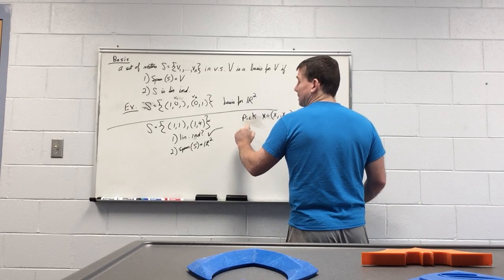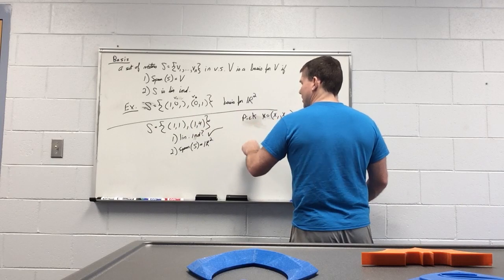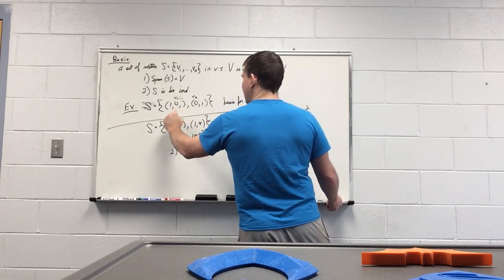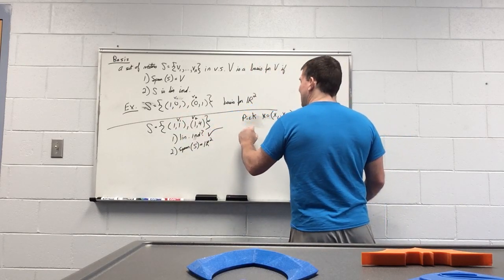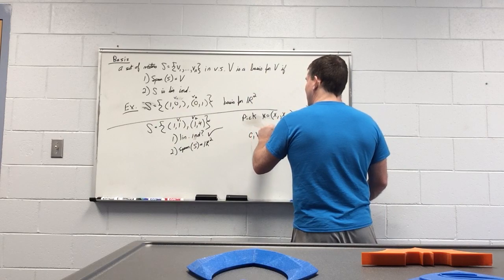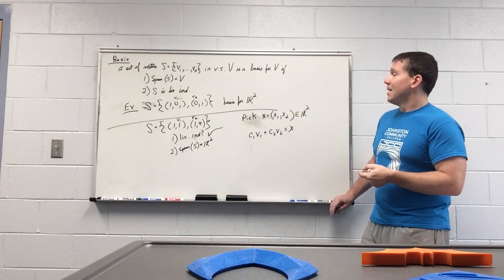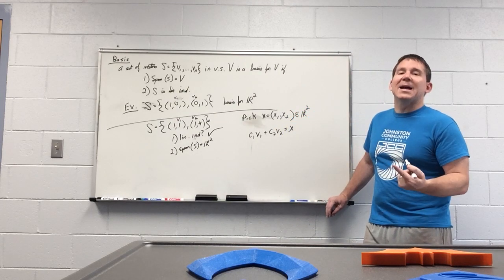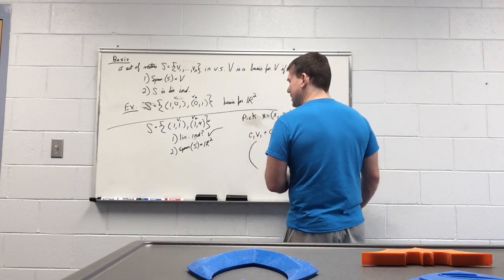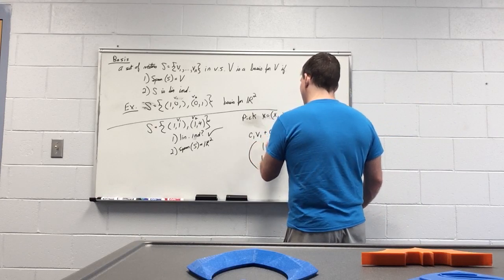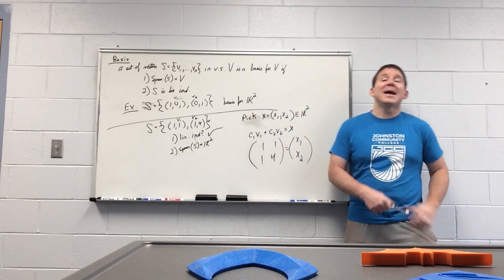Then we could set up a system with my v1 and v2: C1 v1 plus C2 v2 has to equal x. Then I could create my coefficient matrix, 1, 1, 1, 4, which has to equal x1, x2. And then I could solve that out.